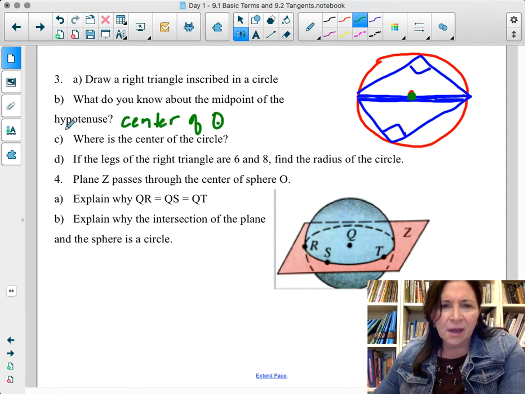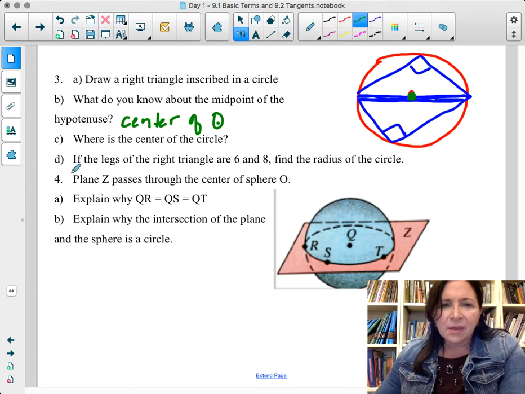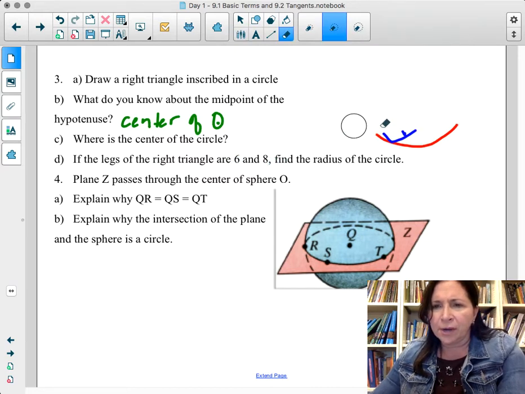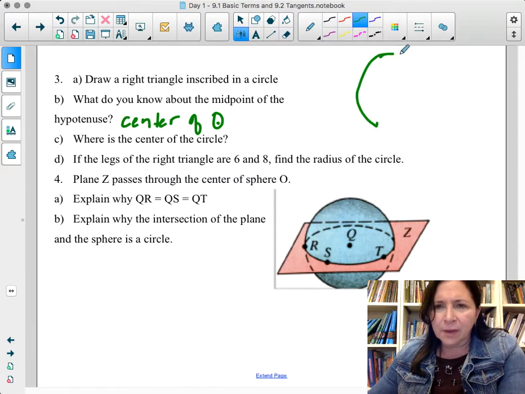All right. Where is the center of the circle? It's on my hypotenuse. If the legs of the right triangle are 6 and 8, okay, so I'm going to redraw this, but only have one right triangle so I can show you. So we have a circle, and then we have our right triangle in here.